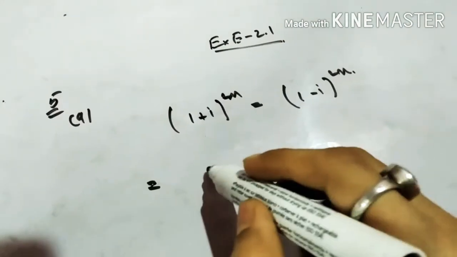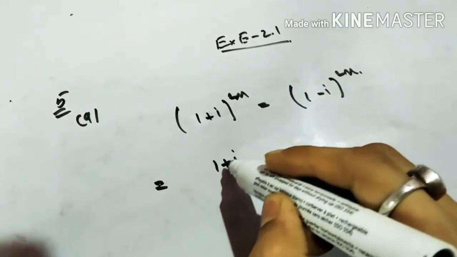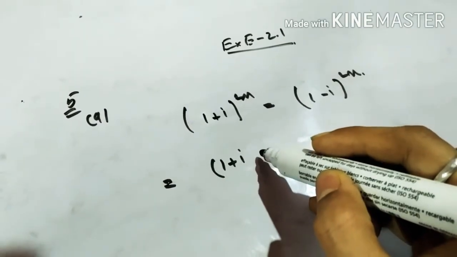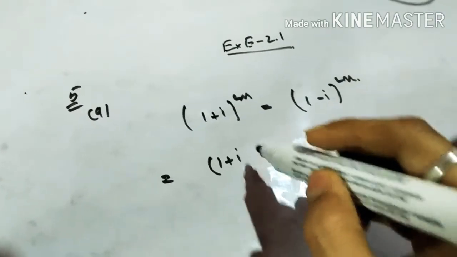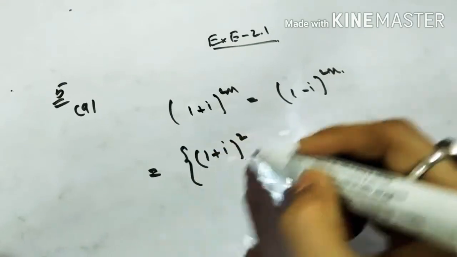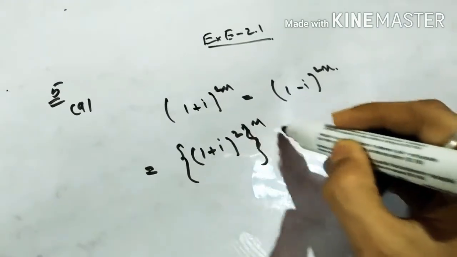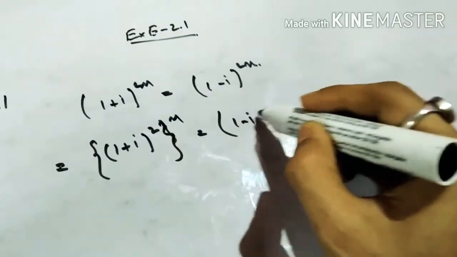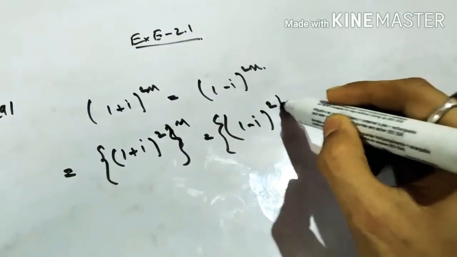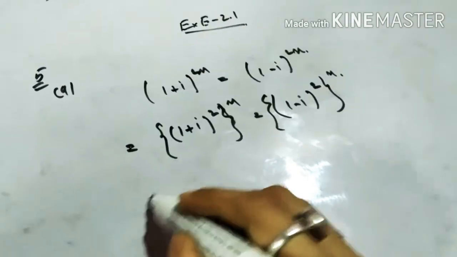So it will be equal to this. I can write it as ((1 plus i)^2)^n is equal to ((1 minus i)^2)^n.